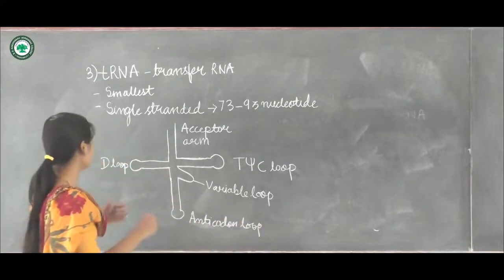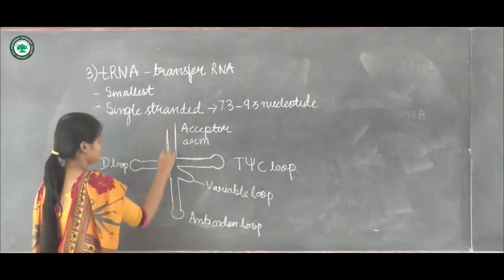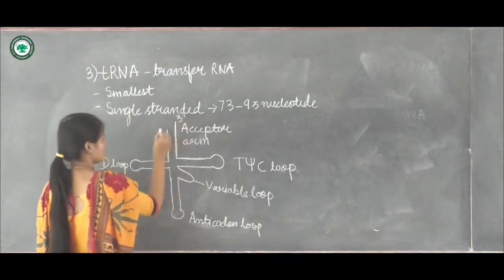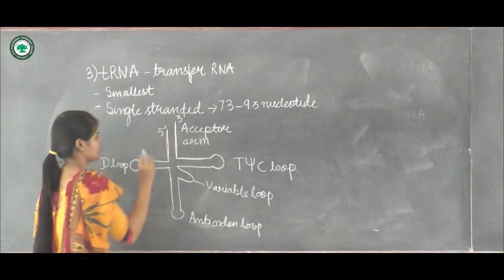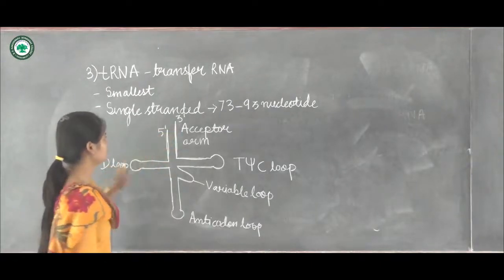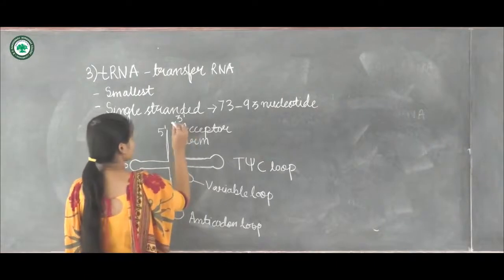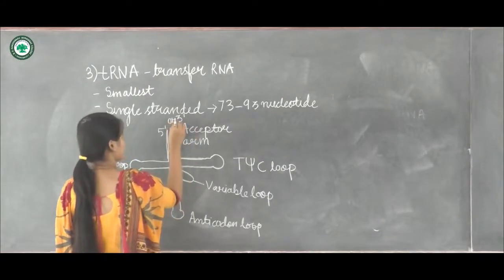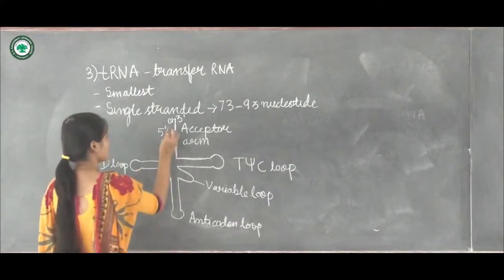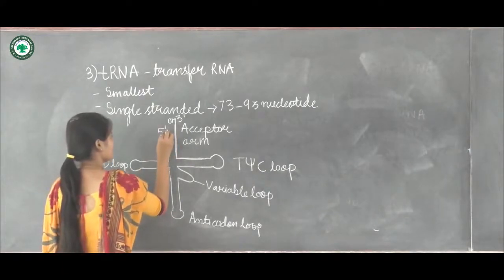Now the acceptor arm will consist of 3' and 5' polarity. At the 3' end there is a hydroxyl group, that is OH, and at the 5' end a monophosphate, that is P, is present.